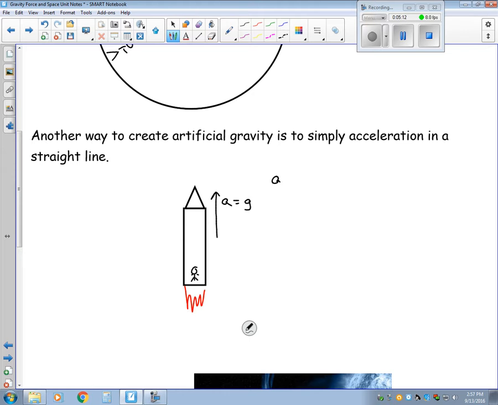Acceleration is equal to the final velocity minus the initial velocity with respect to some time, so I would just need to make sure that this condition is satisfied. Unfortunately, it wouldn't take long until you were moving at the speed of light, which is a big problem, so that doesn't quite work out. But all you really need is an acceleration.